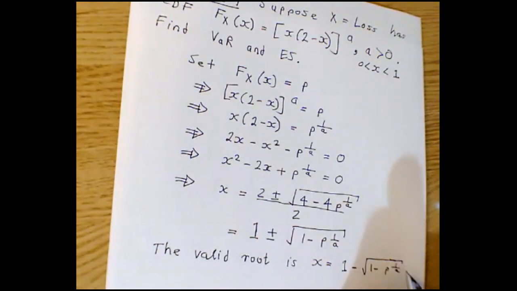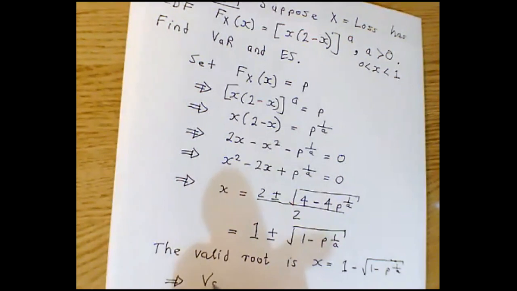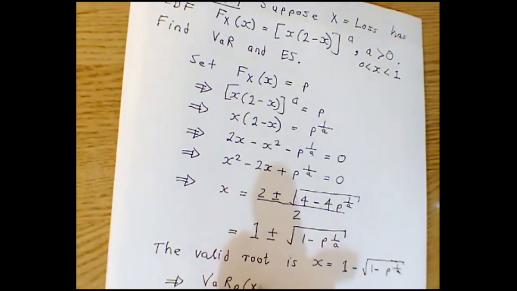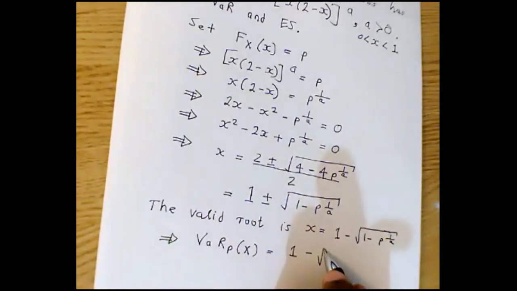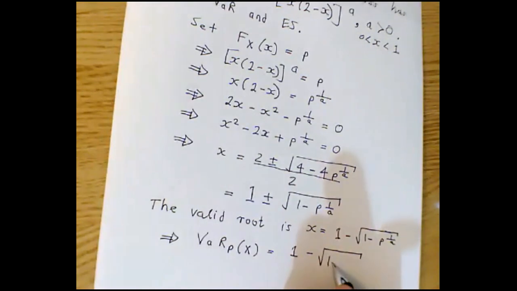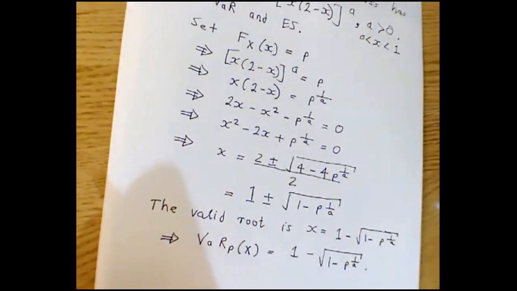Okay, so the expression for VaR is 1 minus the square root of 1 minus this, right? So this is only one part of the answer.